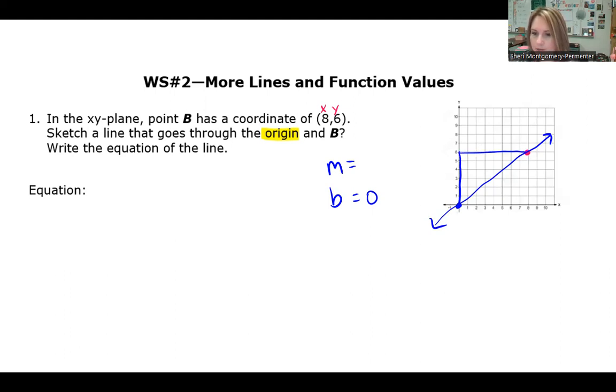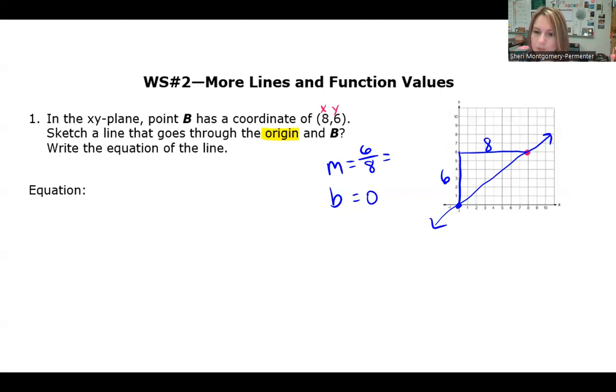So how far up do I go? And how far to the right? Okay. And it's going up 6. So it's a positive 6. We get 6/8. Does that reduce? Yeah, so let's reduce it. How does that reduce?